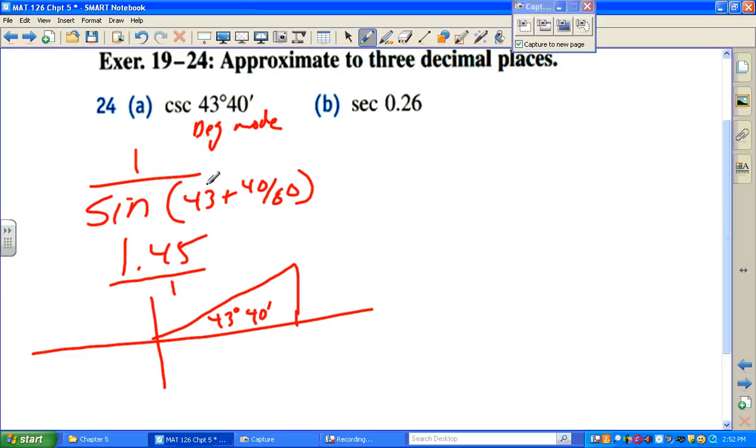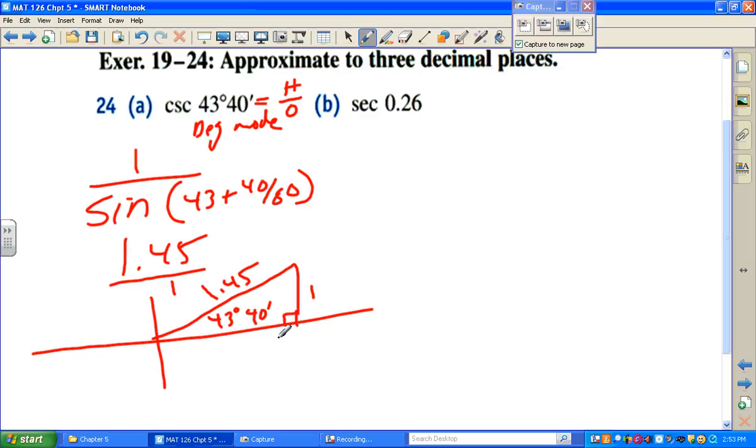No. What's the definition of cosecant? Hypotenuse over opposite. Longest side is 1.45. The opposite side is 1. Wouldn't the 1.45 be the hypotenuse? It would be. I just labeled it hypotenuse.